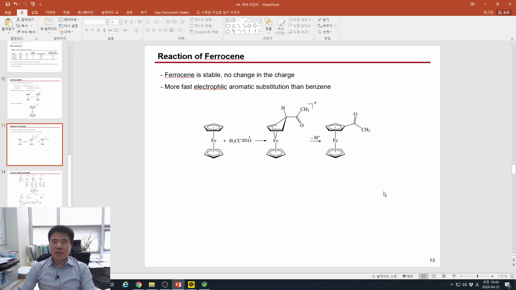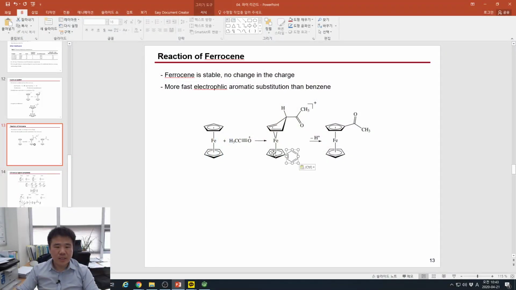So okay, look at me. We are talking about metallocene complexes. As I told you, ferrocene is a very stable organometallic complex. In organic compounds, a very stable compound is benzene.